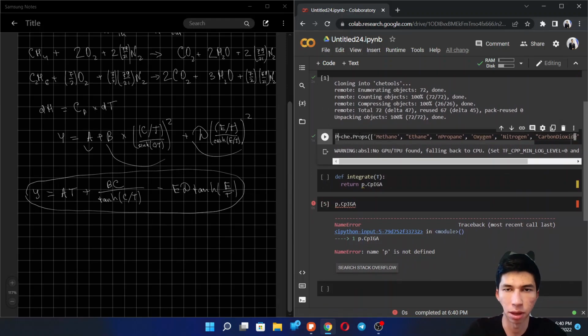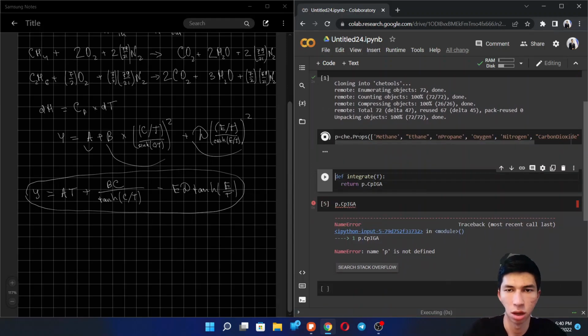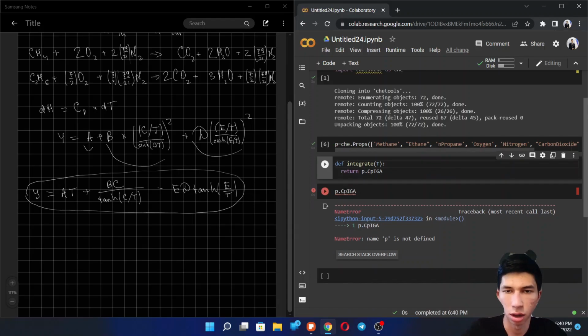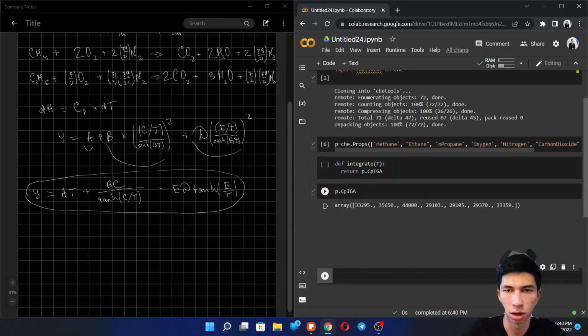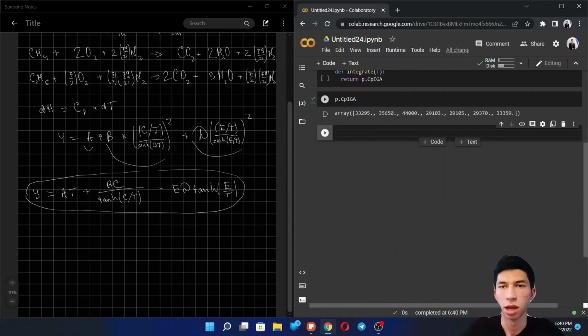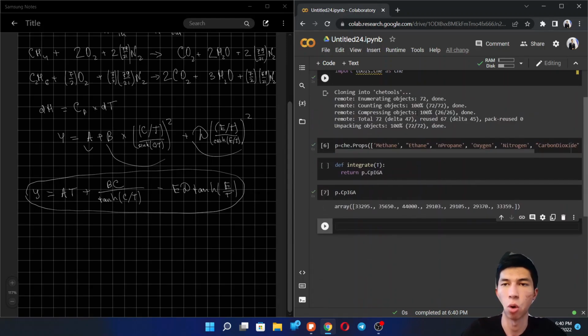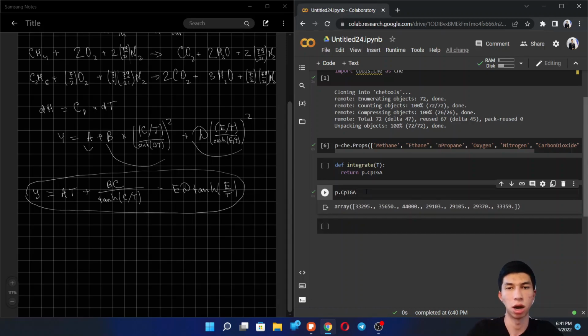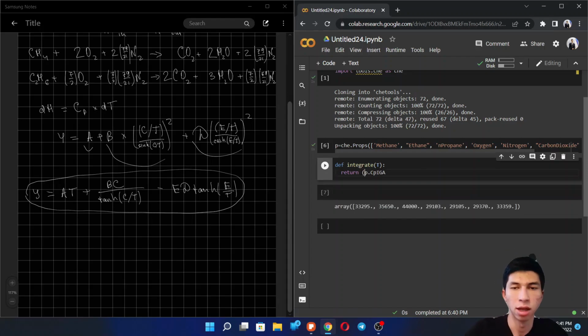I use a capital P here, and now it should work. So you see, here we are getting A values for all the compounds we have. So these are the constants that will determine the specific heat constant at a specific temperature, right? Let's just return our integral.